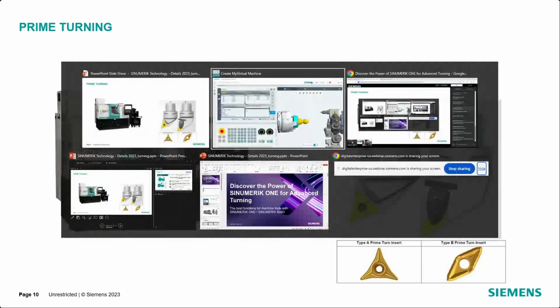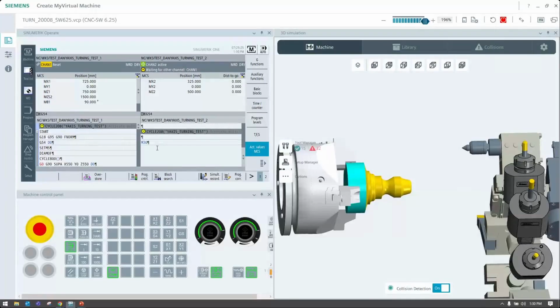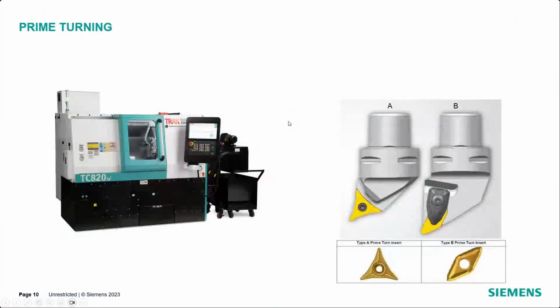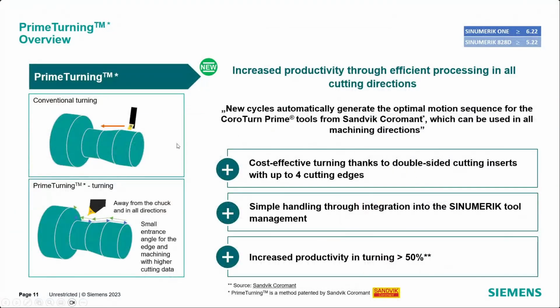So kind of how it works is, oh, let's go back, is when we have a conventional style of turning, we're usually pushing and going towards the chuck. What prime turning's idea is, you're using that long part of that insert and you're going away from the chuck. So you're actually pulling away, and you're being able to go a little bit faster.